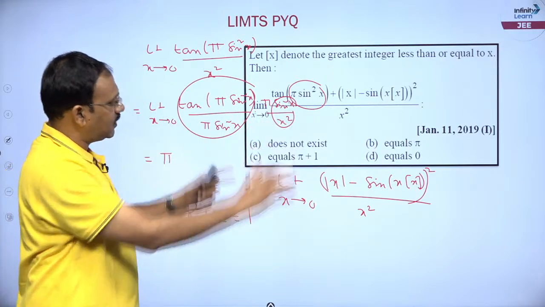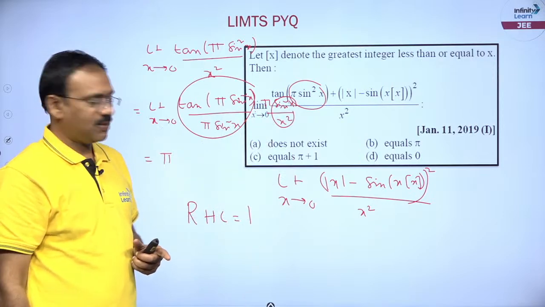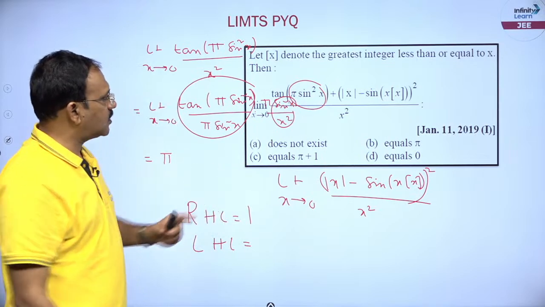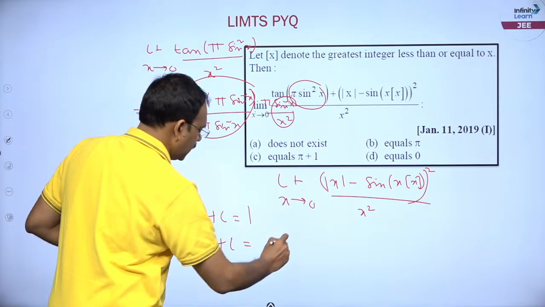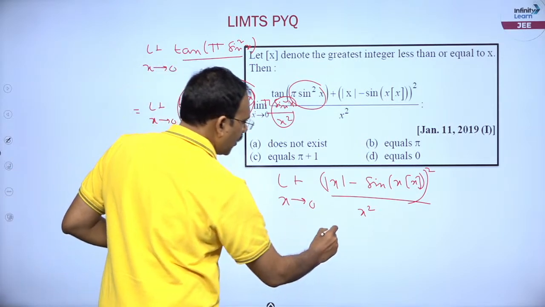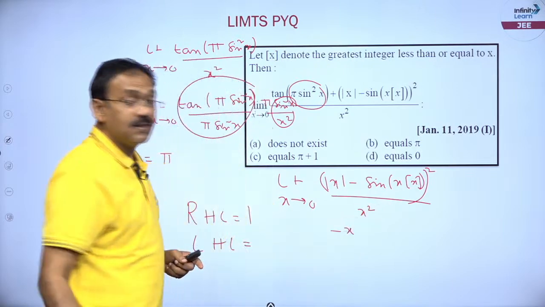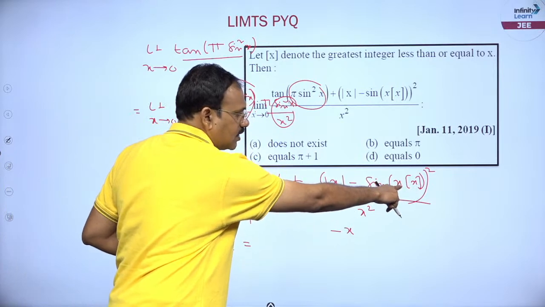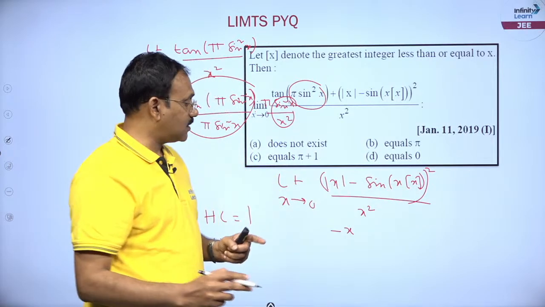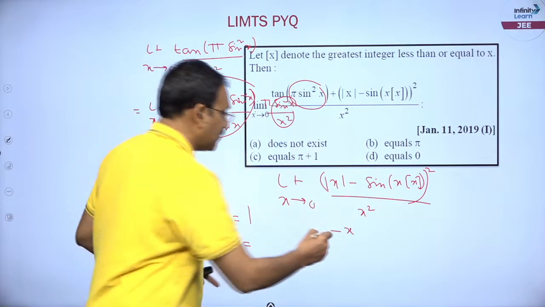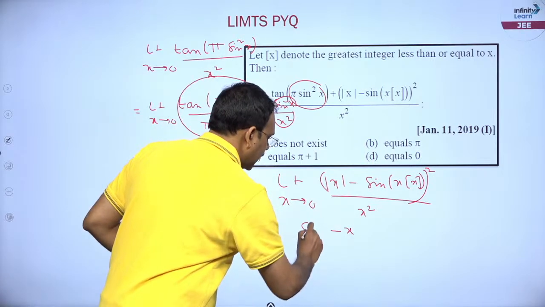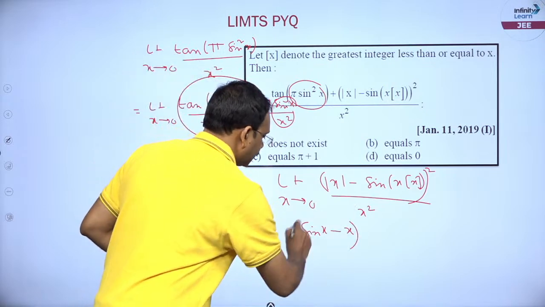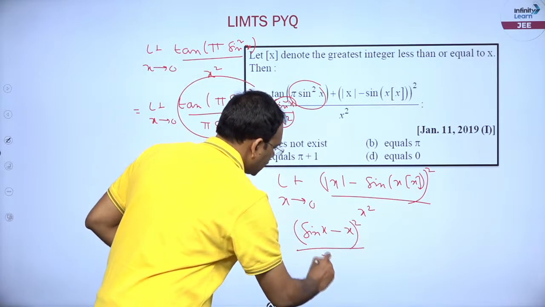So, the total right hand limit is pi plus 1, whereas the left hand limit, dear students, x tends to 0 minus, you will get mod x becomes minus x, step x becomes minus 1. So, x into minus 1 is minus x, sine of minus x is minus sine x, so plus sine x you will get, whole square by x square.